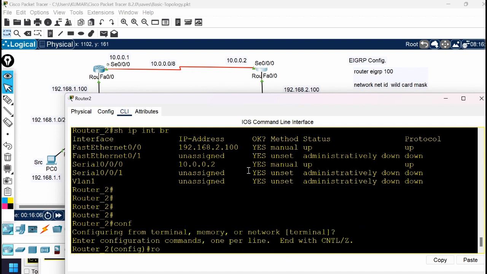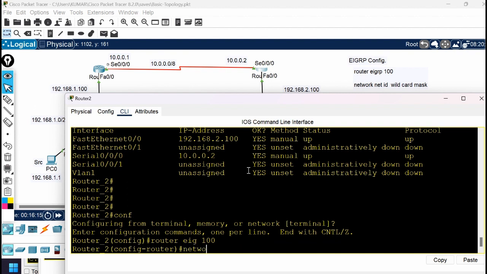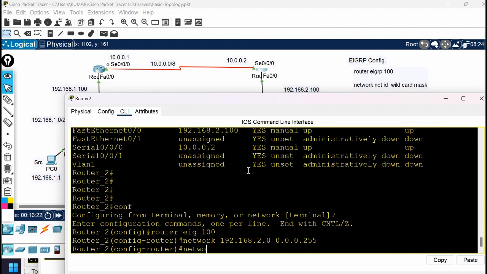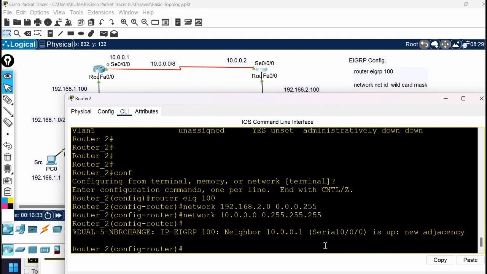Configure terminal, router EIGRP, the AS number should be the same. Then network, one of the connected networks is this, and the wildcard mask as it is /24 will be this. Next network is this one, which is connected to my serial, and as it is /8 the wildcard mask is going to be this. Hit enter. This is your EIGRP configuration.